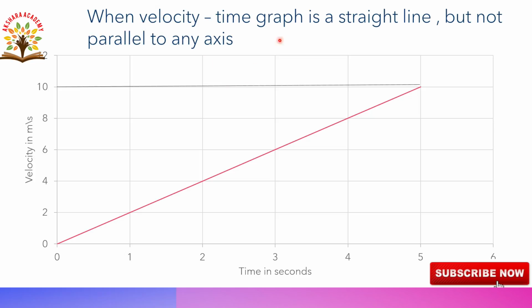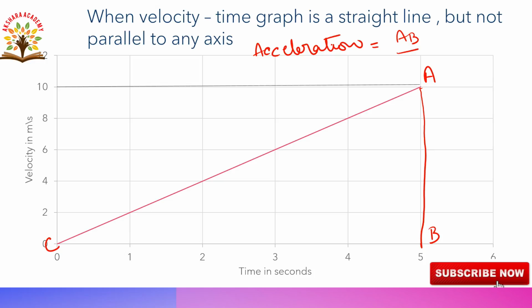Suppose for example we take the points O, A, B and C. Finding the slope of the graph line AC, acceleration is equal to change in velocity by time taken, that is AB by BC.